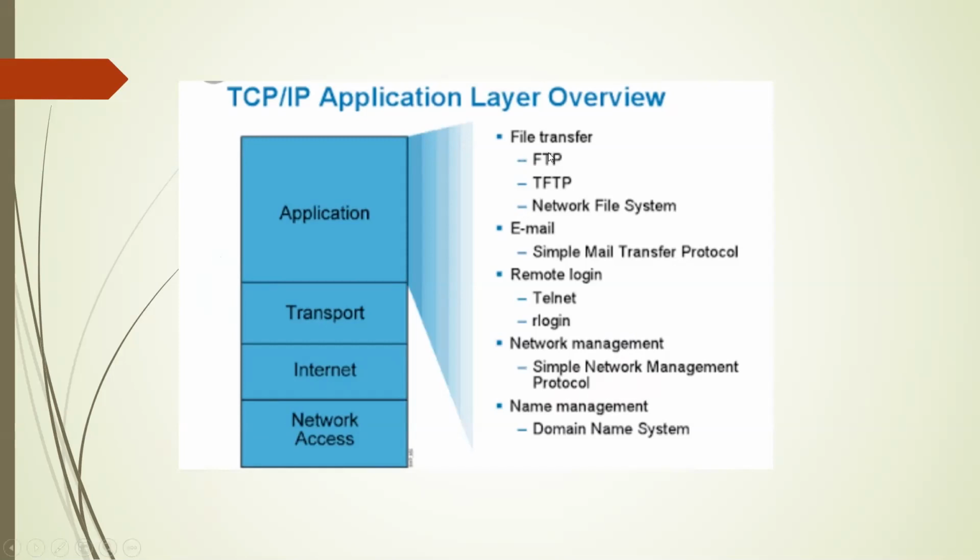Application, file transfer, FTP and TFTP, network file system. These diagrams show the working or the overview of this layer. What are the main functions of these layers? That is being represented by the diagram.